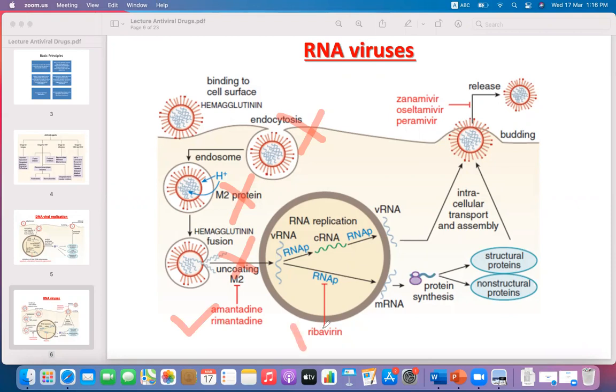The drug is ribavirin. The drug should interfere with the assembly of the virus and with the release of the virus. The examples are oseltamivir, zanamivir, and peramivir. So these are the basic principles of antiviral drug therapy by which the drugs generally act.